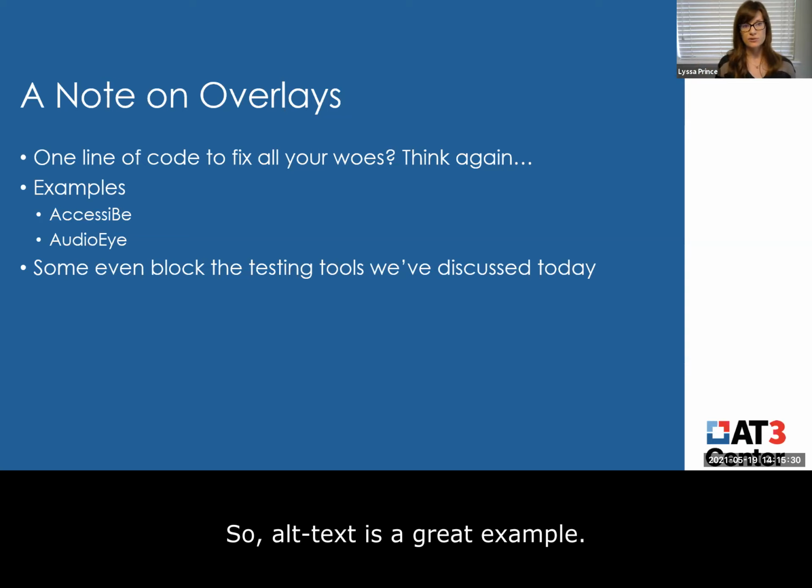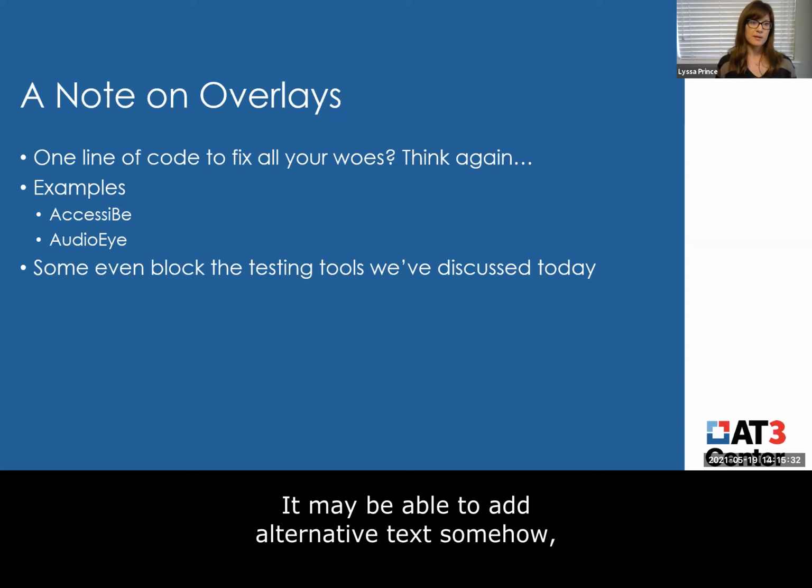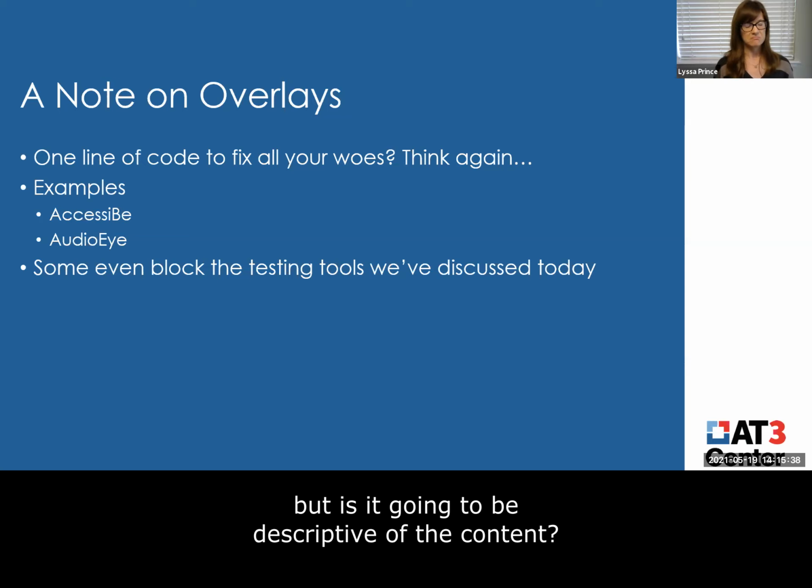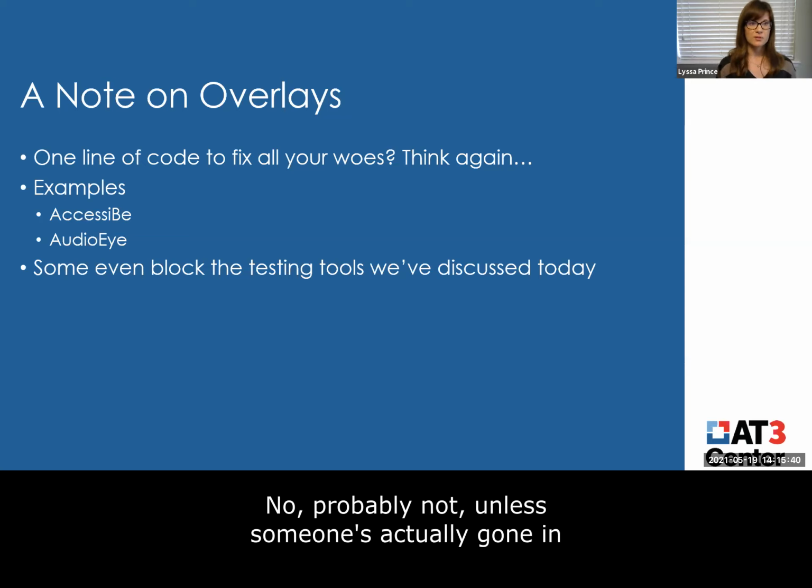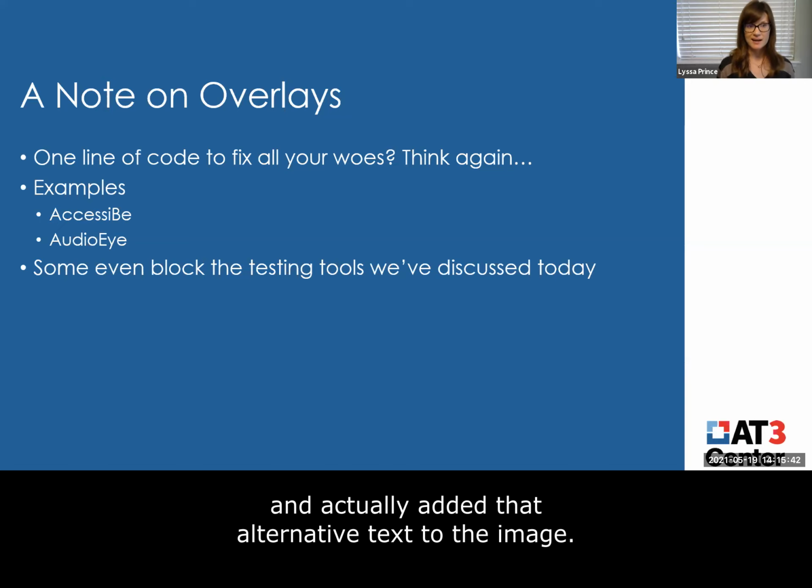So alt text is a great example. It may be able to add alternative text somehow, but is it going to be descriptive of the content? No, probably not. Not unless someone's actually gone in and added that alternative text to the image.